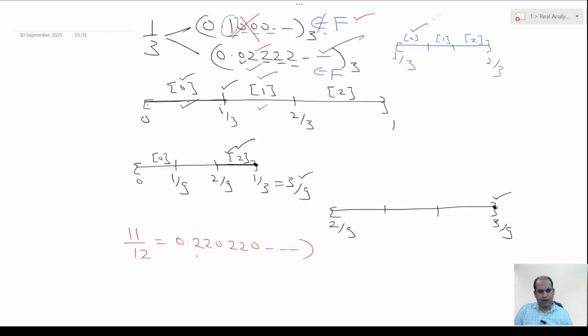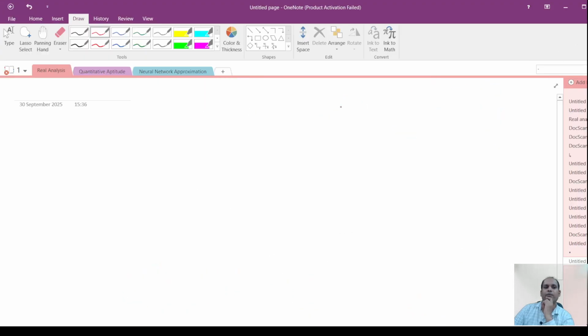I have taken this example, I will explain when we reach the concept of fractal, that 1 by 4 belongs to the Cantor set F, and if we translate it by 2 by 3, that is 11 by 12, then again this will have a Cantor set representation. This will be a member of the Cantor set. Why? Because it involves the digits using a combination of 0 and 2 only. So, that is the method to identify whether a given number is a member of the Cantor set or not.